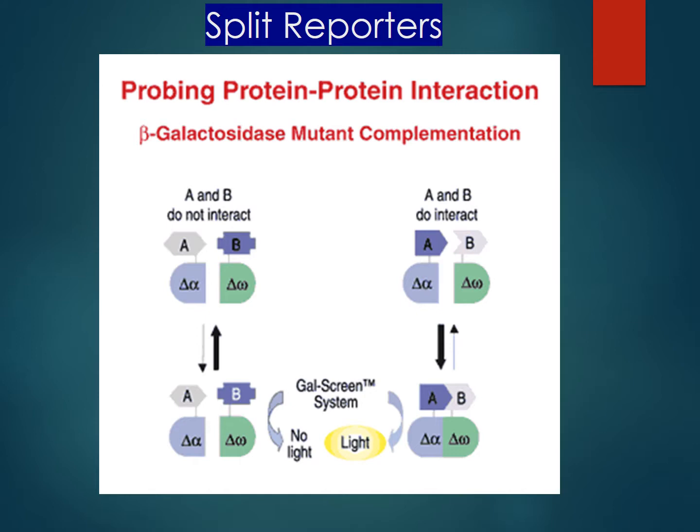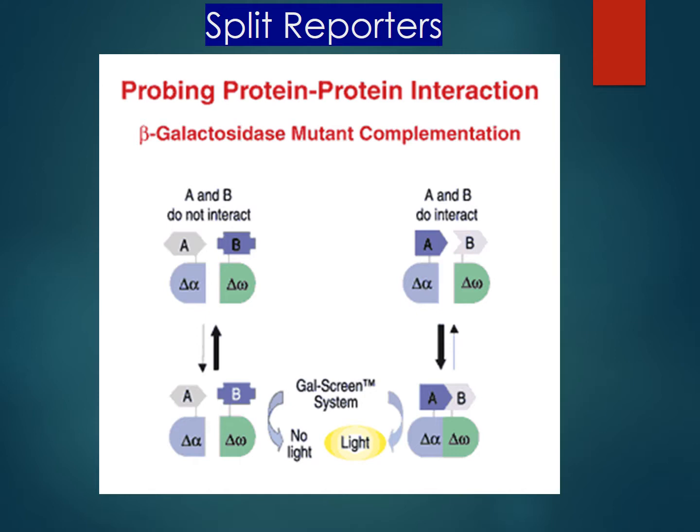So in this cartoon here, you've got the delta alpha and the delta, and I don't know what that looks like, a W to me. So those are the two parts of the beta-galactosidase enzyme, and they're split. And in this cartoon, the bait and the prey do not interact.